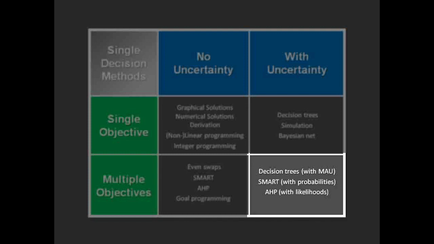If we can do that, we can use things like decision trees with what we would call multi-attribute utility, which is basically a combination of multiple objectives into a single measure. We could also use the methods that are available for multiple objective problems, like SMART, analytic hierarchy process, with probabilities.